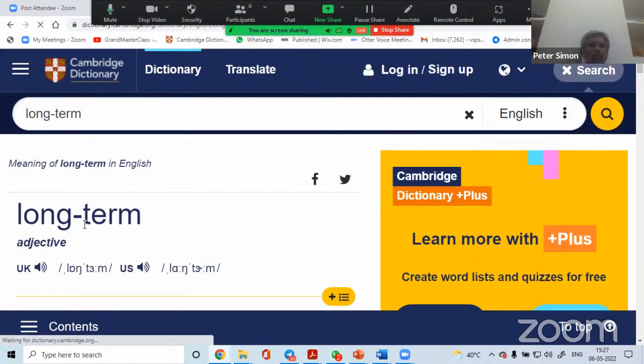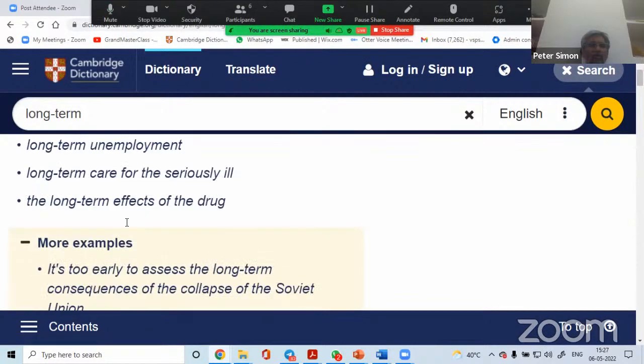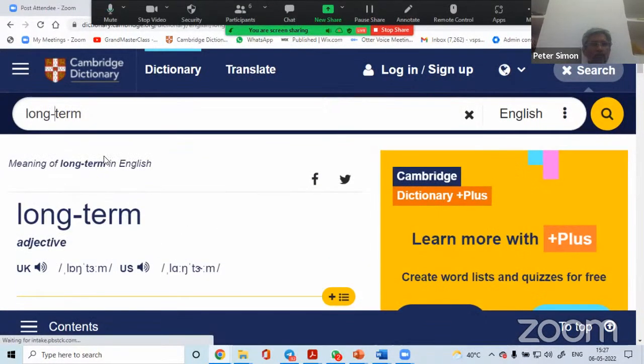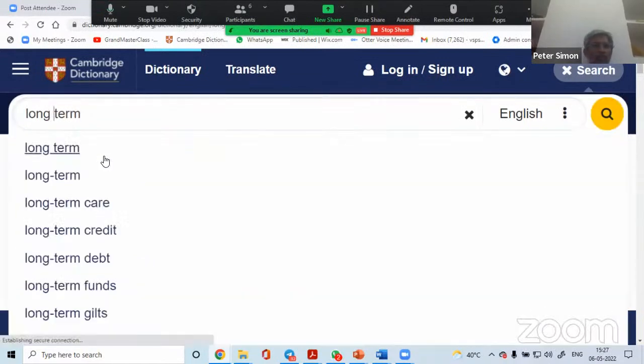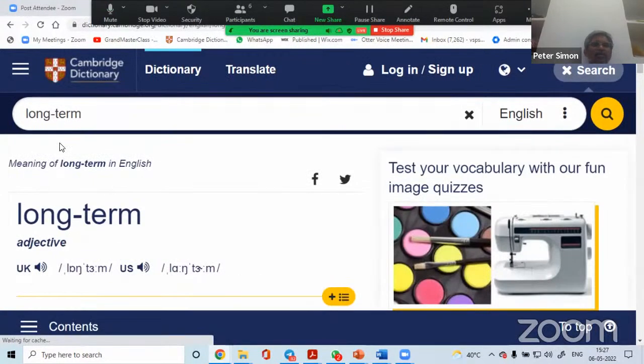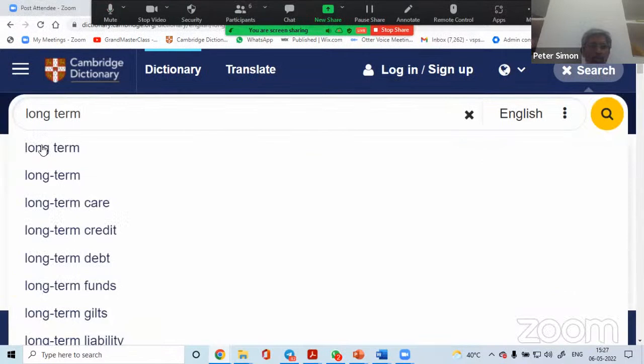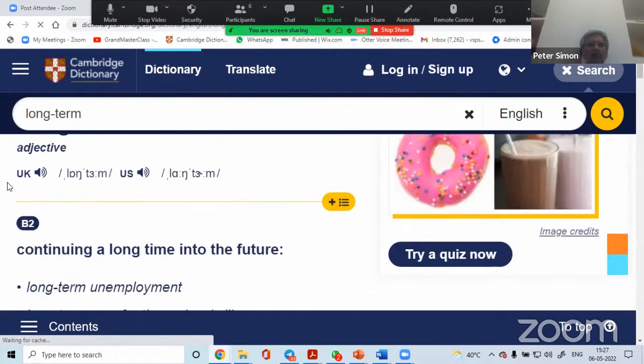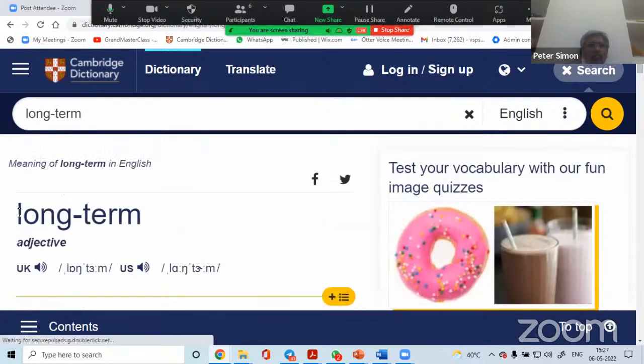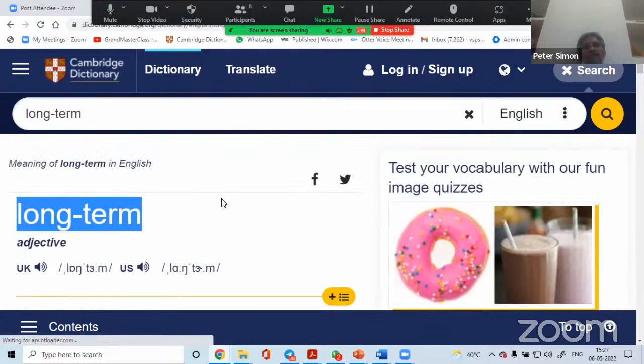No problem. But let us check that separate one. Long-term. No. Even if you check separate, it is coming together only. Even if you click on separate one or joint one, it is giving long-term here only. So always write long-term like this only, with a hyphen in between.